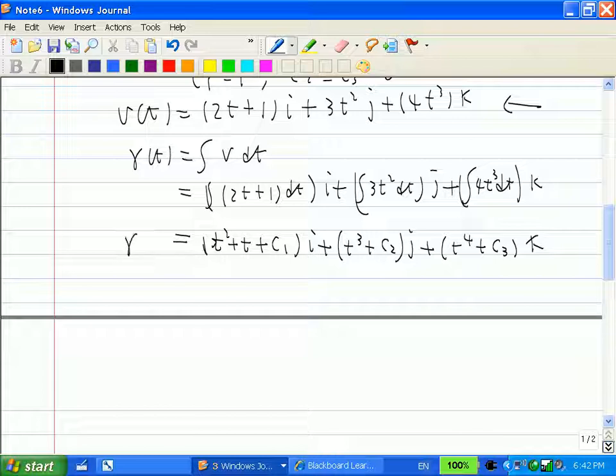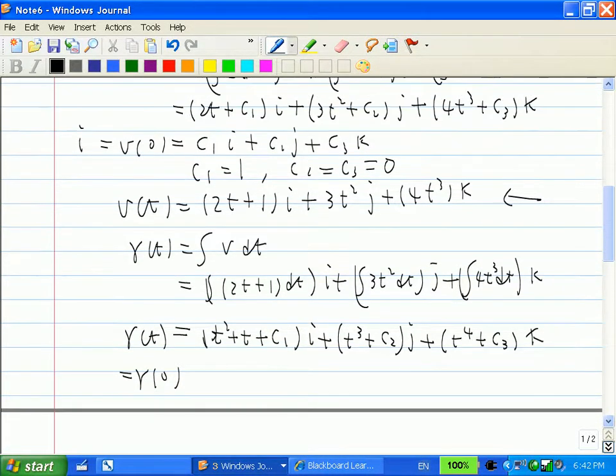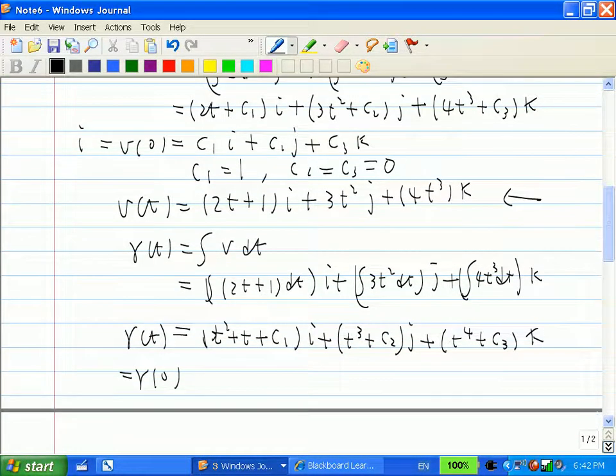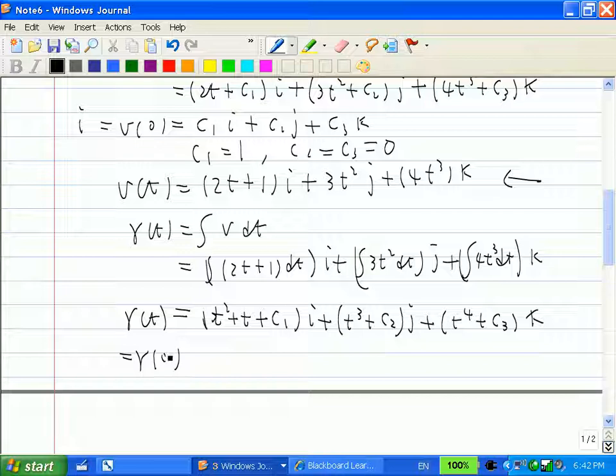That is a position function. Now we're looking for a specific position function such that when t equals 0, it gives us j minus k. The problem says j minus k, so when t equals 0, r is j minus k.